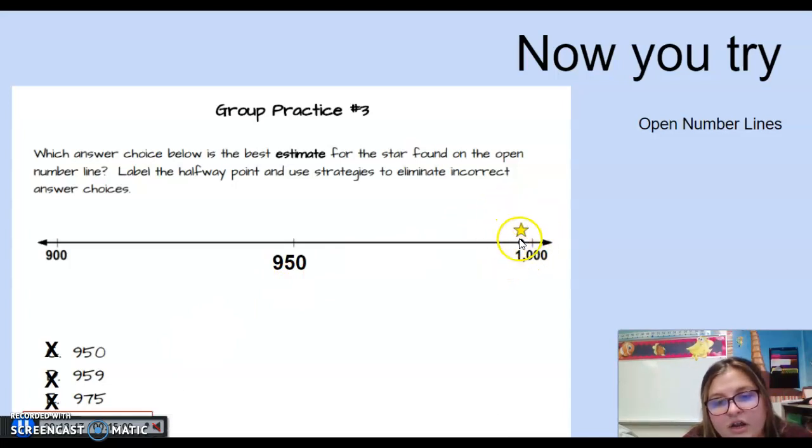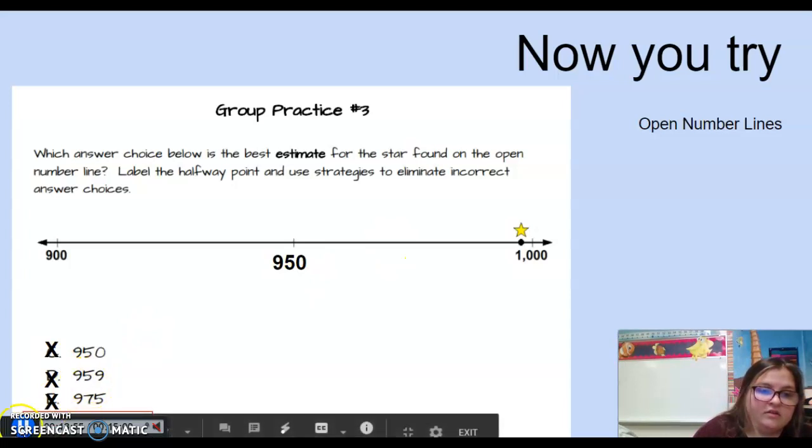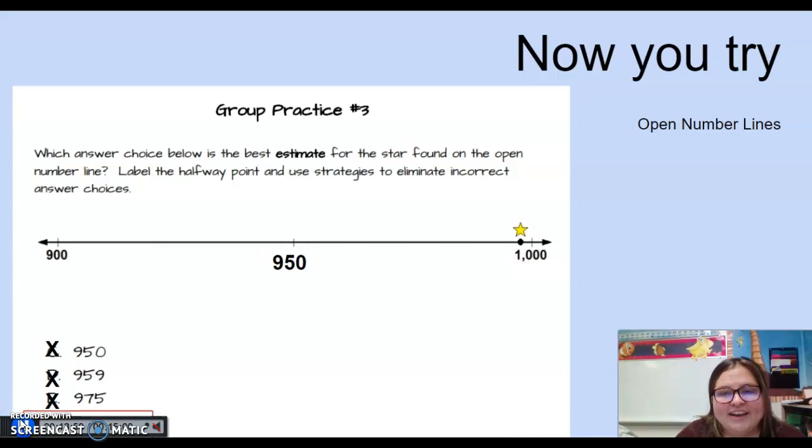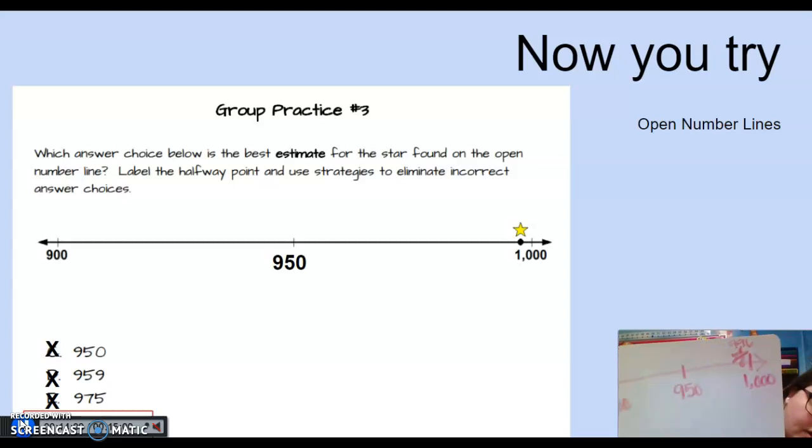So 995 is very close to 1,000. So if you chose that one, you chose correct. I'm sorry, that number was 996. Okay, so not to be confused. So 996 is going to be so close to 1,000. So if that's what you got, then you got it correct.